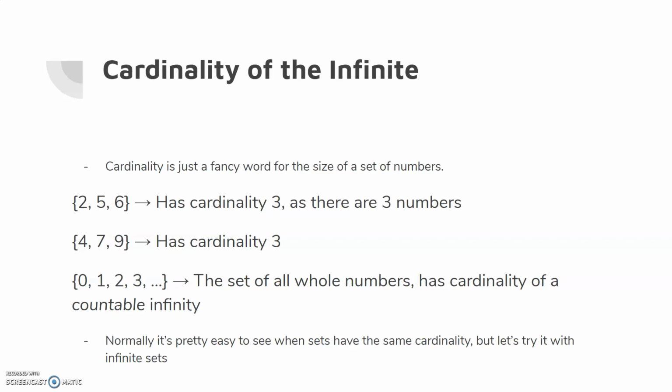But for infinite sets, like 0, 1, 2, 3, 4, 5, 6, and so on forever, which is the set of whole numbers, the cardinality is countable infinity. And here, what we mean by countably infinite is that it's the size of a set we would create if we just started counting and kept going forever. That is countable infinity. Normally it's pretty easy to see when sets have the same cardinality, but let's try it with infinite sets.